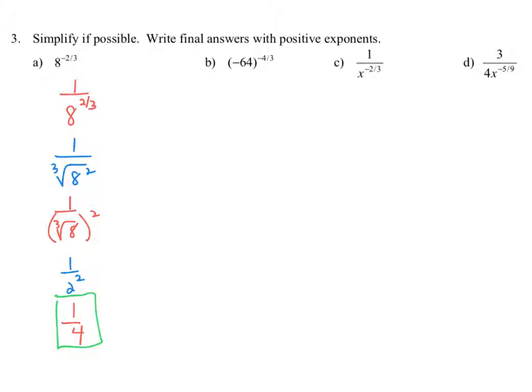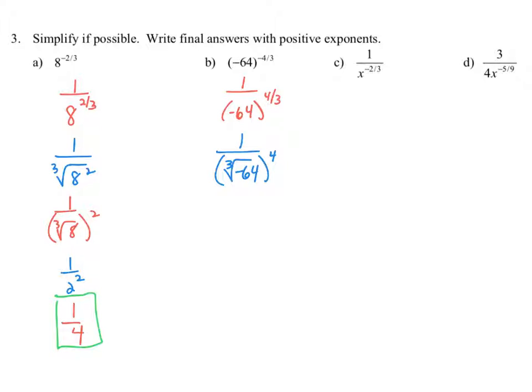In part B, we have the quantity negative 64 raised to the negative 4/3 power. Let's begin by writing this as 1 over negative 64 to the positive 4/3 power, and then we can evaluate the cubed root first. So we can write this as 1 over the cubed root of negative 64, simplify that result, and then raise it to the 4th power.